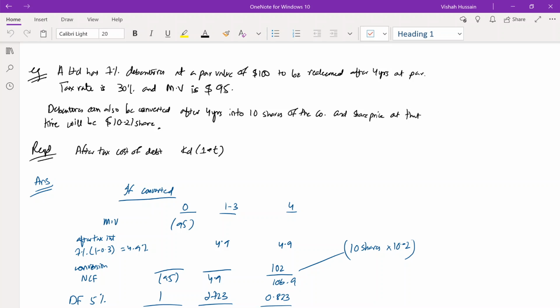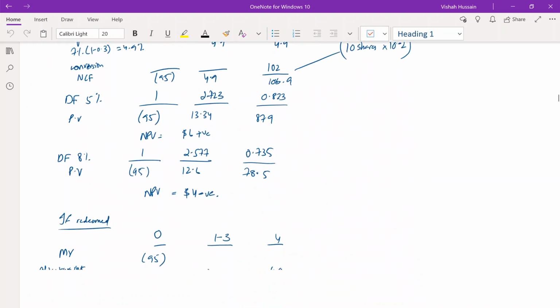So the requirement is the after-tax cost of debt, KD(1 - T). If converted, in year 0, 95 is your market value. After-tax interest is computed in the same way as we do in redemption. The only difference between redemption and conversion is the amount that you receive at conversion. In this case, you are receiving 10 shares at $10.2 per share, so the value is going to be 102.